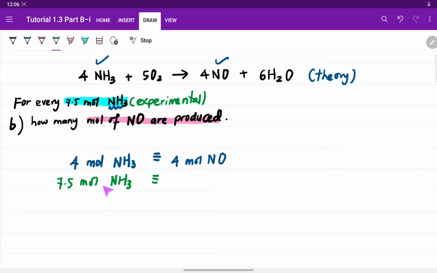Okay, so dia akan jadi 7.5, okay, bawa ke atas, okay, darab dengan 4 bahagi 4. Okay, so dapatlah 7.5. So dekat sini 7.5 mole of NO. Okay, so you can write down like this. But to save some times, okay, sebab awak pun tahu, boleh je terus tulis kat sini 7.5 mole of NO. Okay, settle.